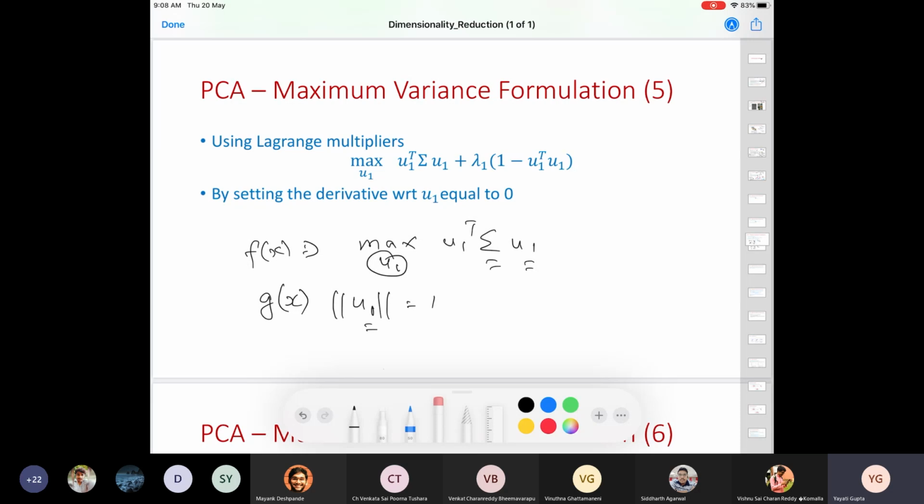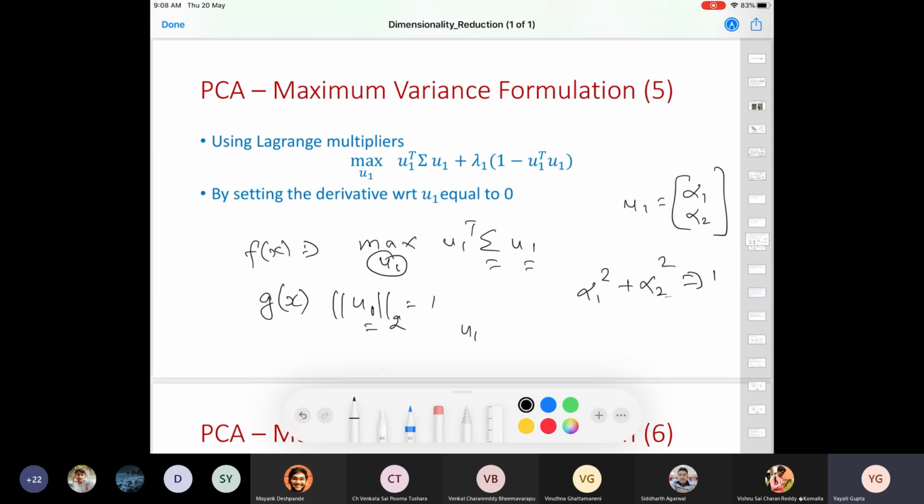So this is our constraint. If our u1 is alpha 1, alpha 2, then alpha 1 square plus alpha 2 square should be equal to 1. How do I write it in matrix format?